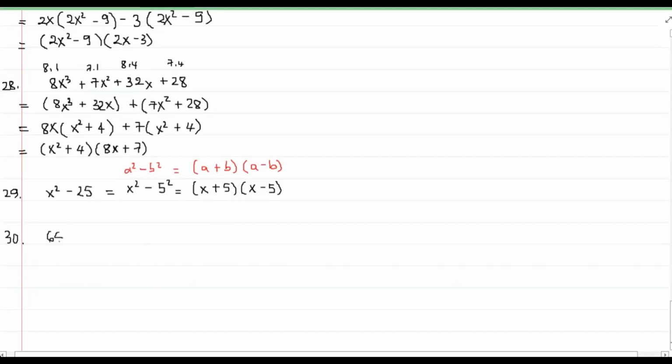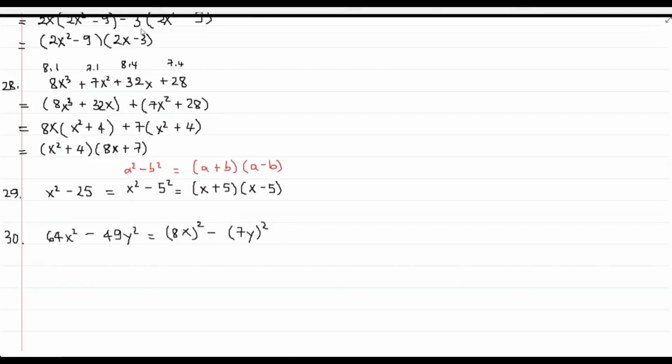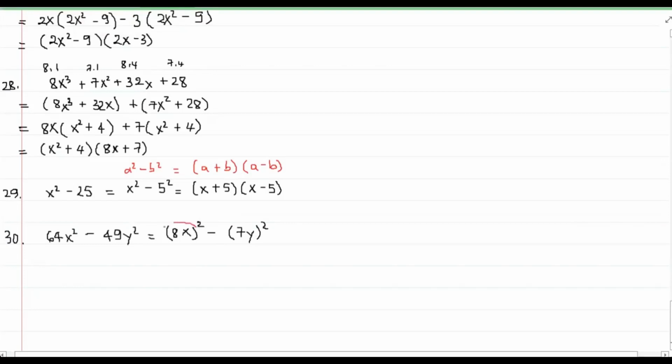We have 64x squared minus 49y squared. Now we have to remember that 64 is 8 squared, right? 8 times x all squared will be 64x squared, minus 7y squared. Now our a is the whole thing here, and here is our b.